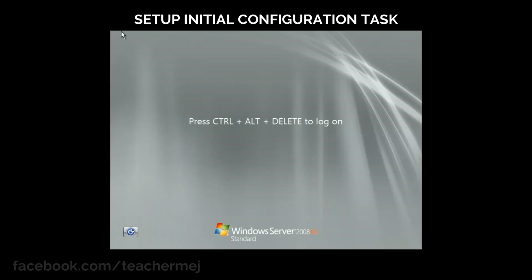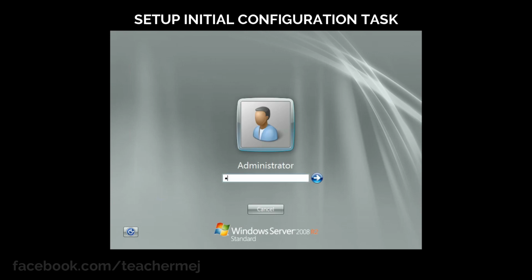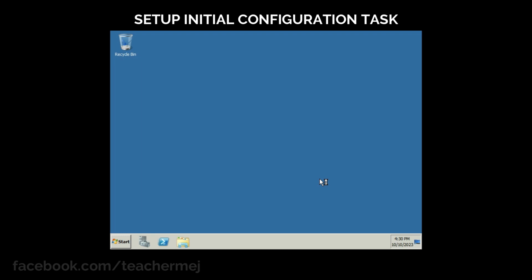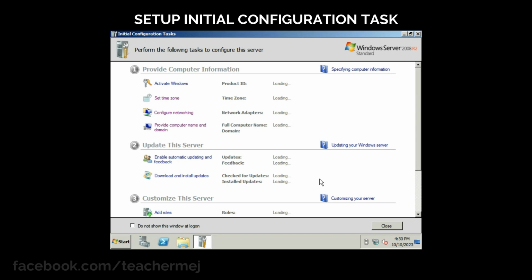Log in again to your server using the password you set during the installation process. The initial configuration task window will appear again. It will show that you have renamed the full computer name.